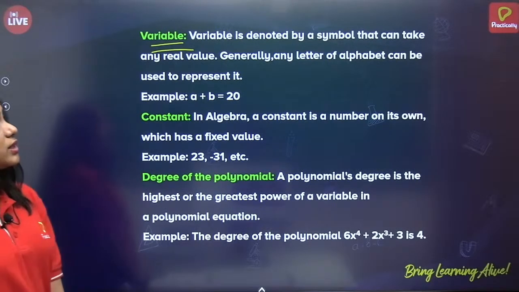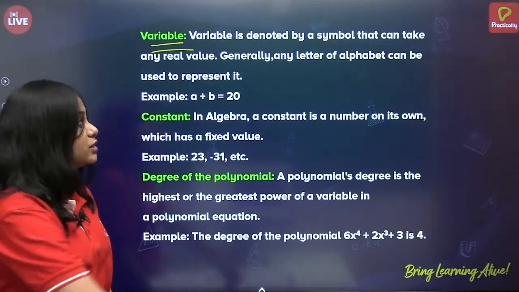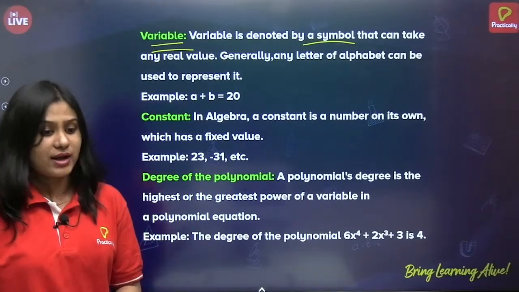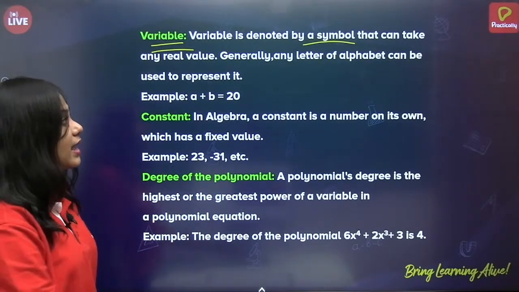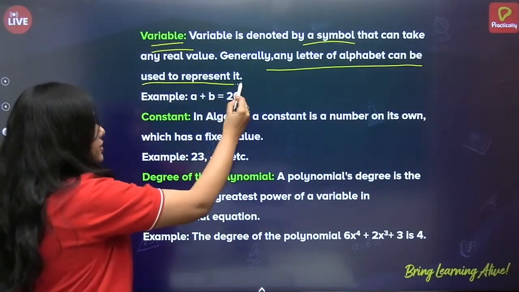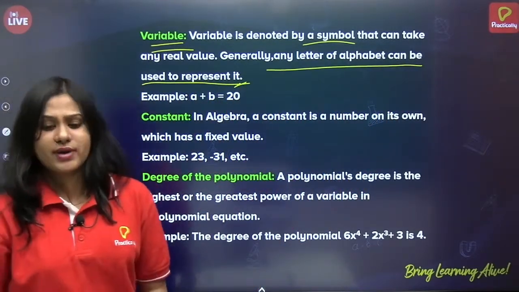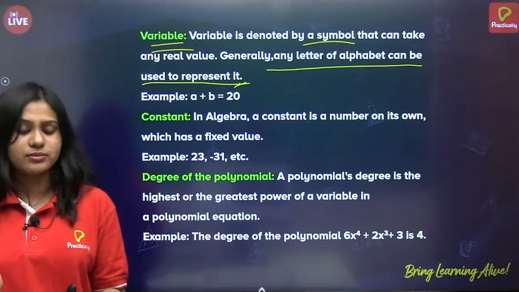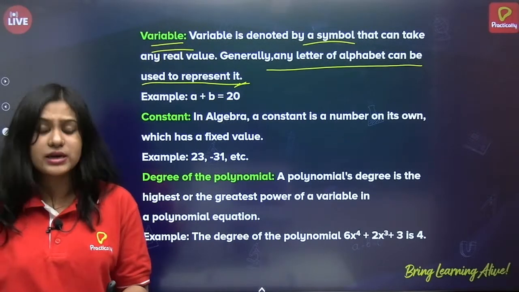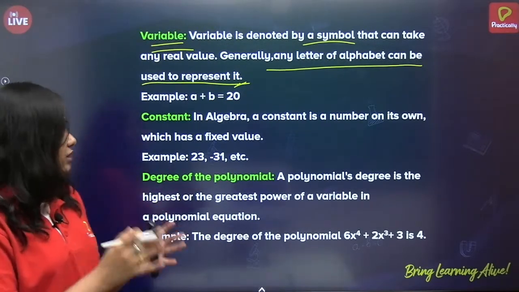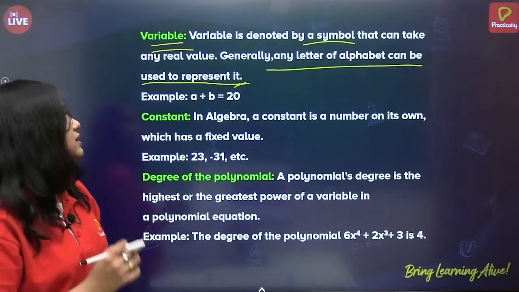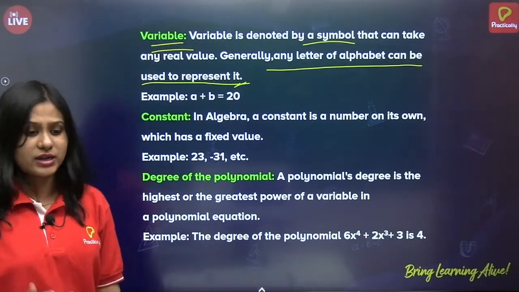So what is a variable? A variable is denoted by a symbol that can take any real value. Generally, any letter of the alphabet can be used to represent it. When I say variable, everyone will think of x, y, a, b, c, correct? That is exactly right.